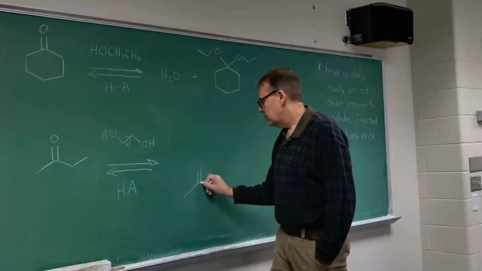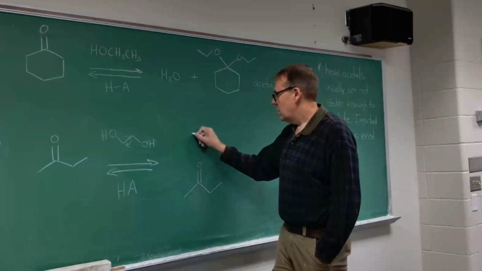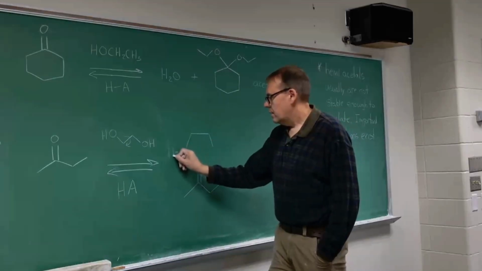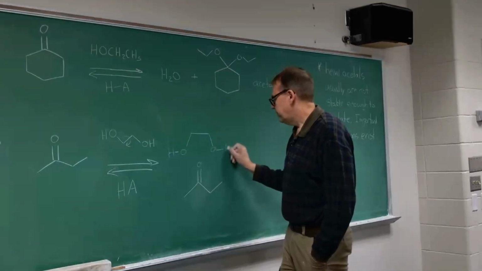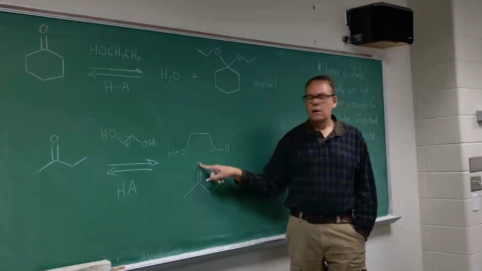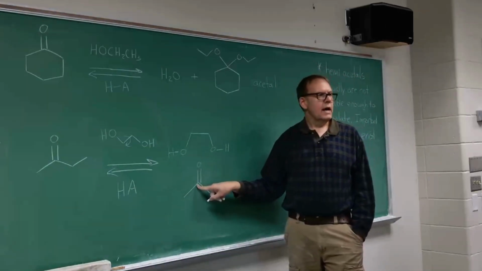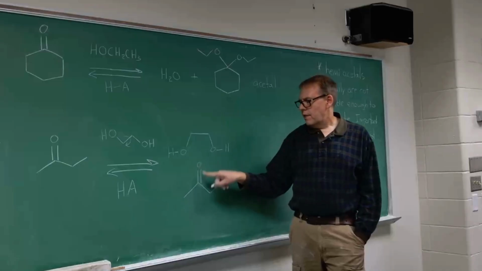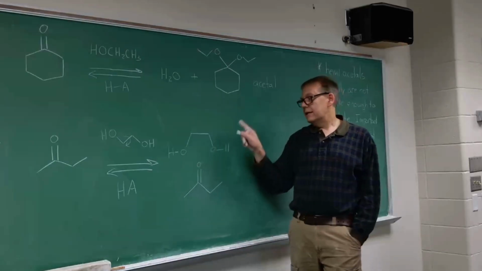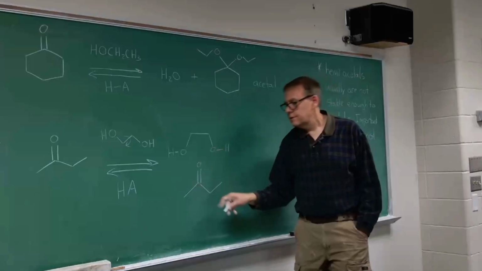So here's our carbonyl group. What's going to happen here, that carbonyl group is going to get protonated. One of these OH groups is going to attack, and it's going to make a bond here. Then that oxygen gets protonated again, makes it into water, it leaves, and then the other one attacks.